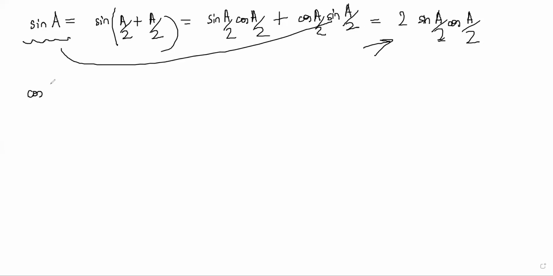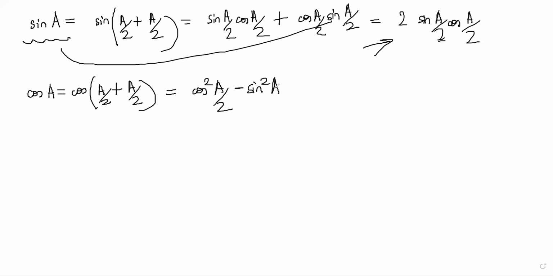Similarly, cos a can also be written using half angle formulas, correct? So this will become cos square a by 2 minus sine square a by 2, using the knowledge of cos a plus b that we have, right?